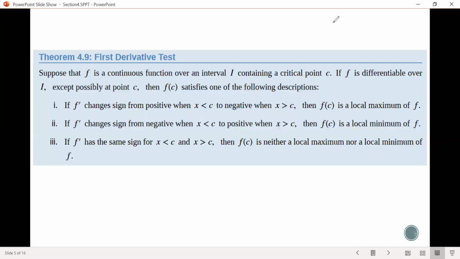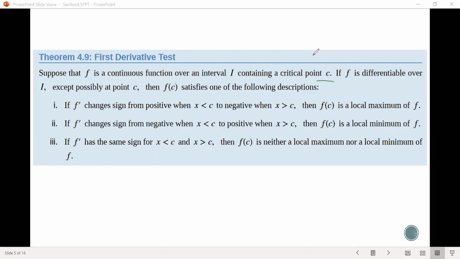So let's suppose we have a function f that's continuous over some interval, and there's a critical point that we found in that interval. So in our example, values for c would be 0 or 4. And if the function is differentiable over that interval, except for maybe at c, because if it's a critical point, the function might be undefined there, then it satisfies one of the following. And this is kind of the word description of what we just did.